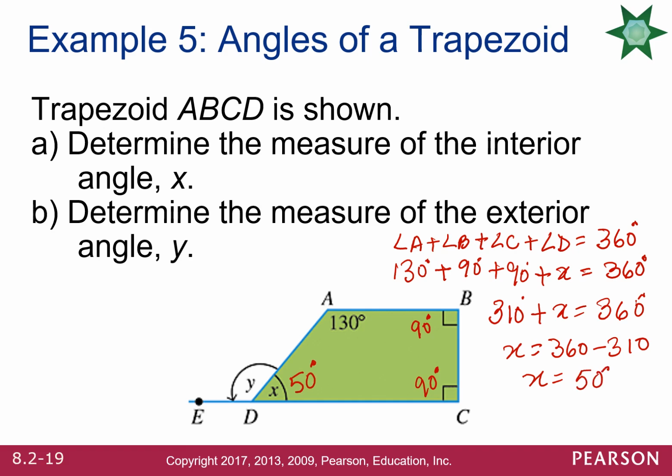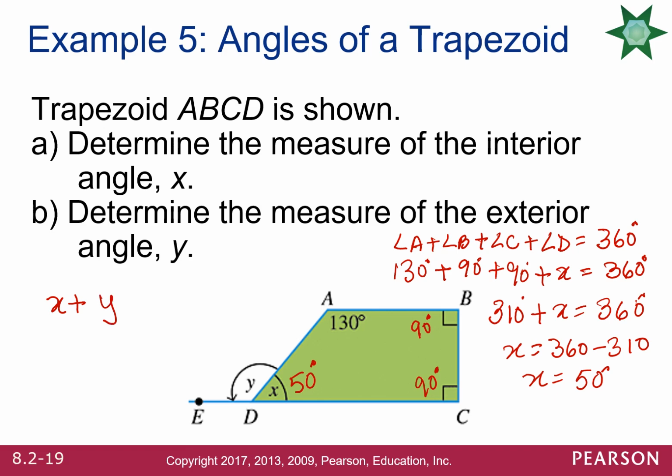Now that we know X, we can easily find Y, because X plus Y is an angle about a straight line. So X plus Y is equal to 180 degrees. That's what we learned previously in the previous section of this chapter, in 8.1.